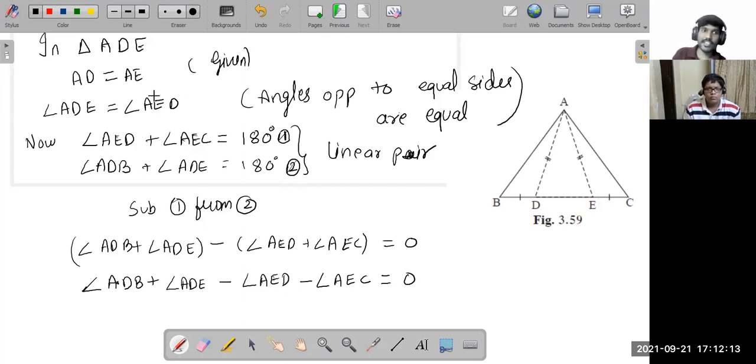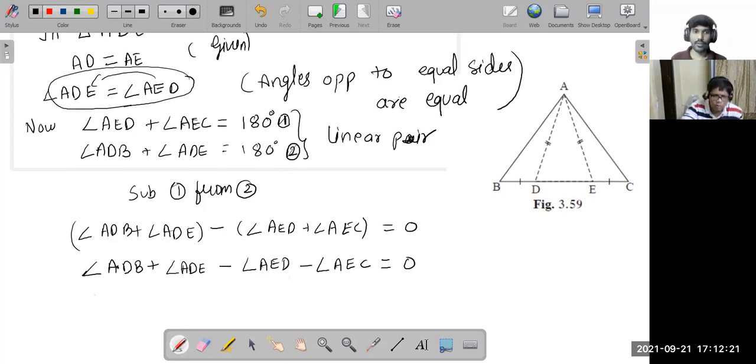Now, what is AED equal to? From this part here, we know AED is equal to ADE.